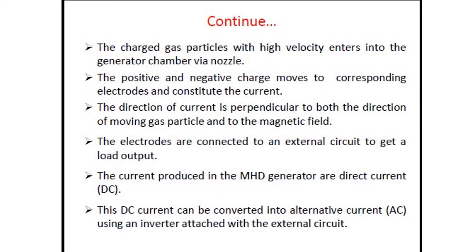The charged gas particles with high velocity enter the generator chamber via a nozzle, that is a convergent divergent nozzle. The positive and negative charges move to the corresponding electrodes and constitute the current. The direction of current is perpendicular to both the direction of the moving gas particle and the magnetic field.